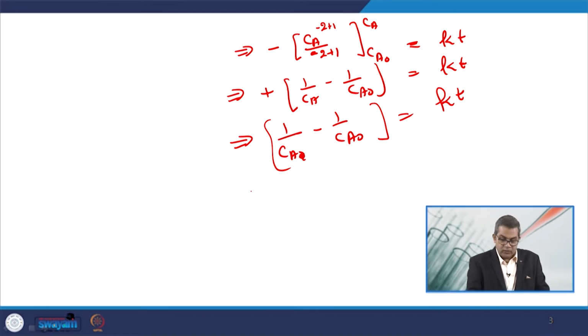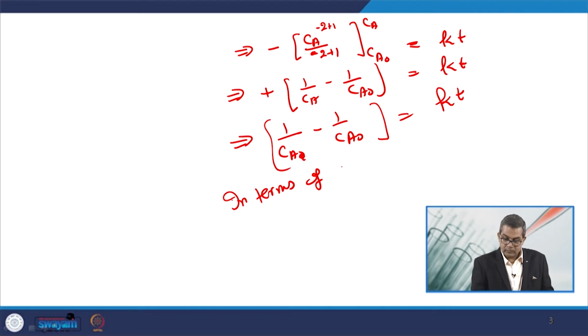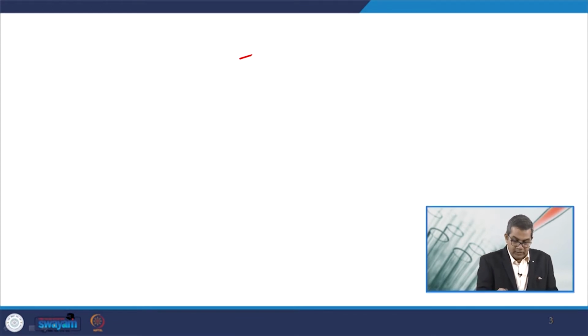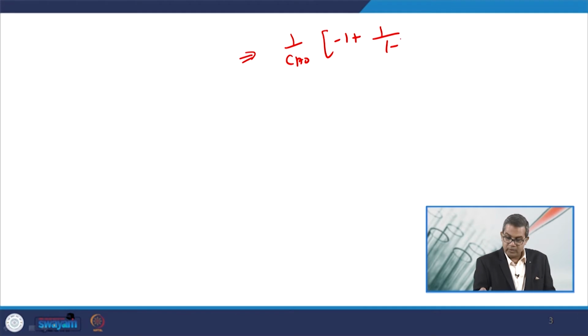So in terms of conversion, minus 1 upon CA0 plus 1 upon CA0 into 1 minus XA is equal to kt, and this is equal to 1 upon CA0 into minus 1 plus 1 upon 1 minus XA, equal to kt.